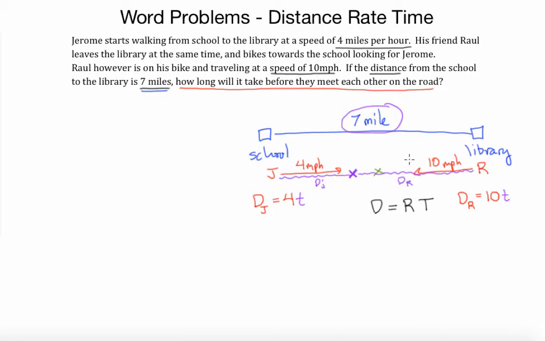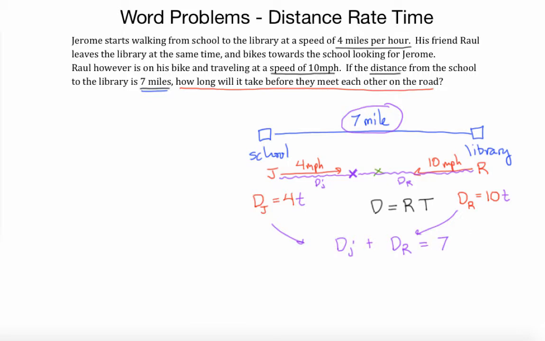Between the two of them, they have to meet each other. That's our ticket in this one: if I combine stuff here, the distance that Jerome travels plus the distance that Raul travels has to be a total of 7 miles.